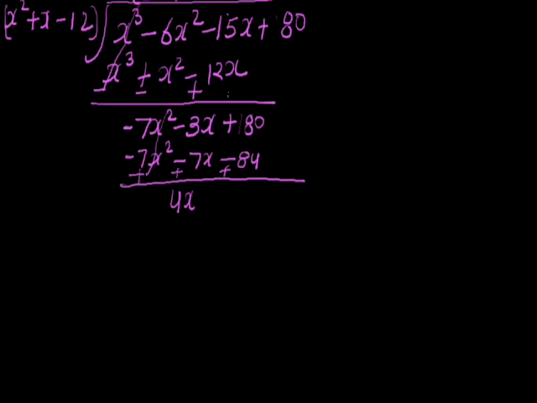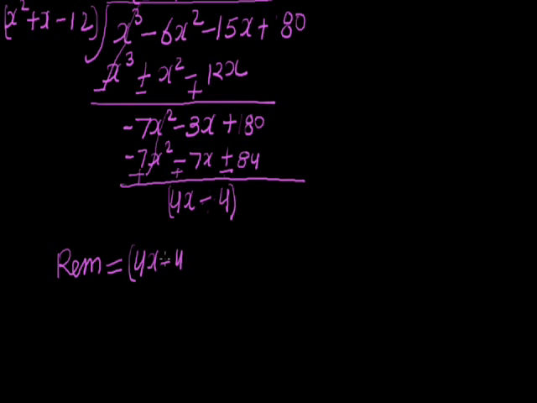Now when we subtract, it is plus 4x plus 4, not minus 84, it is plus 84. We subtract, the sign changes, and it comes out as 4x minus 4. So the remainder is 4x minus 4.